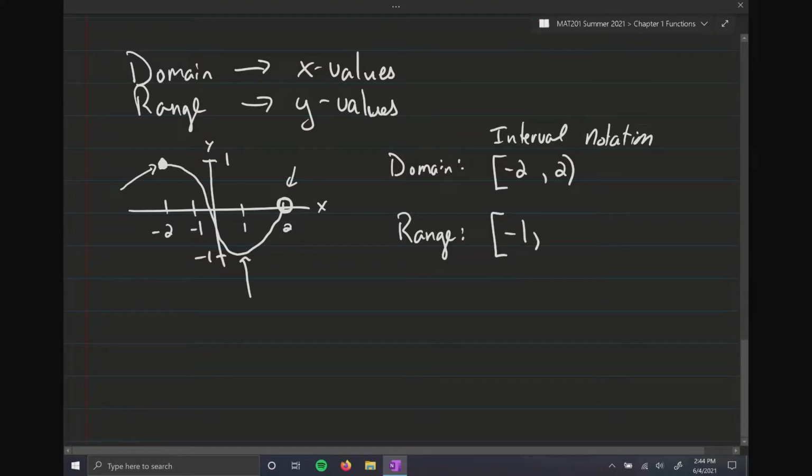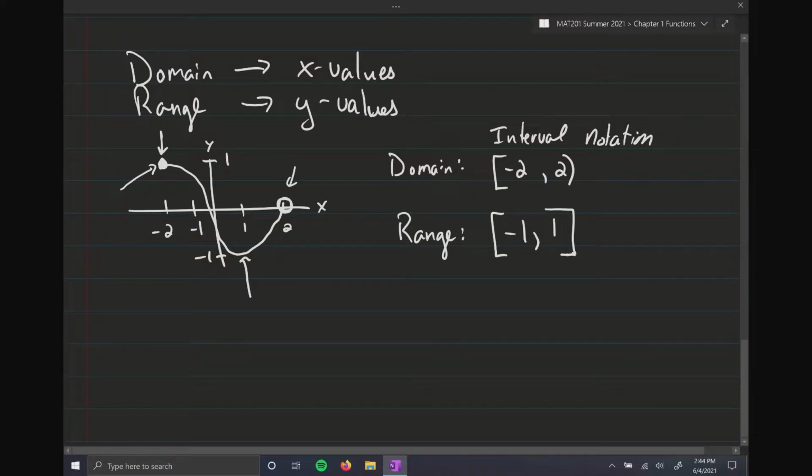And then the largest y value I get is right back in here again. That's as high as the graph gets, so it's going to be +1. And since that is a solid dot, I can write a bracket. So finding domain and range is pretty easy when you are looking at a graph, okay?